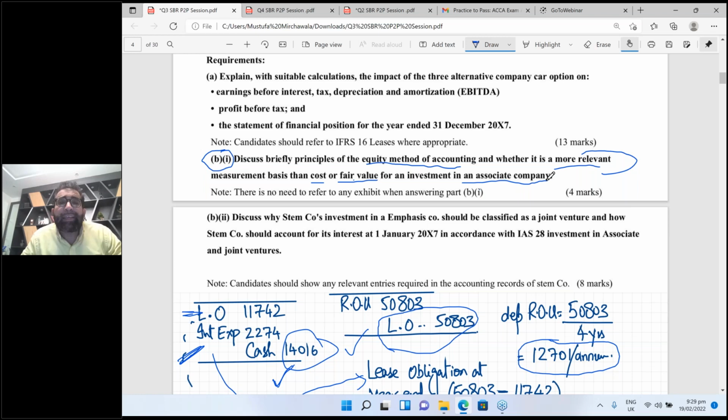And yes, if that company is a listed company, then fair value is very easy and accurate, because you can easily calculate the fair value through the stock exchange. But what if that company is unlisted? Then this will be very difficult.